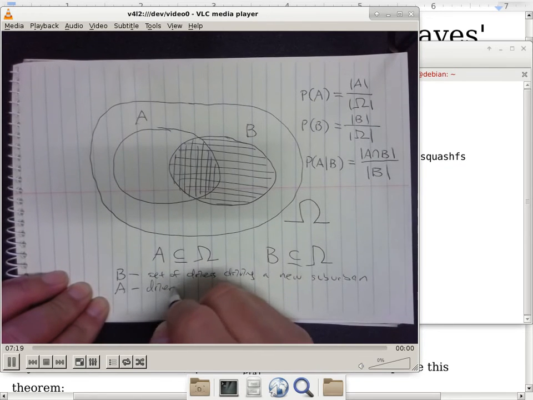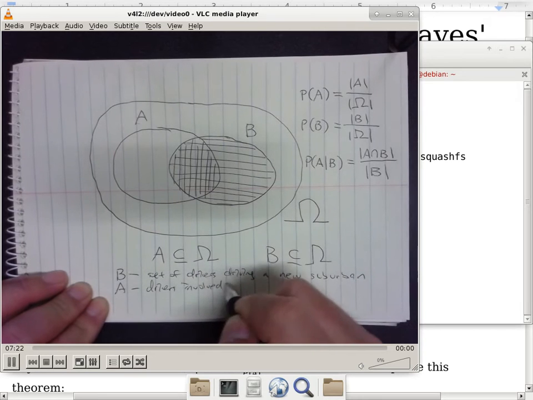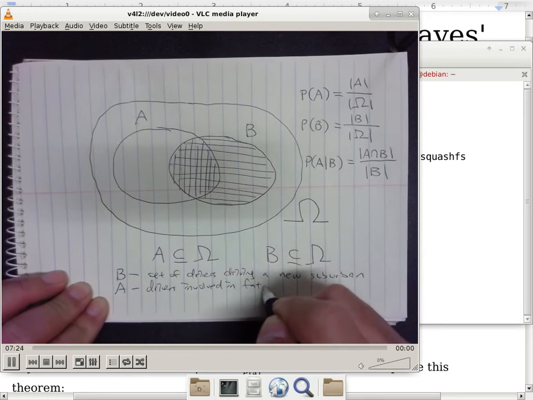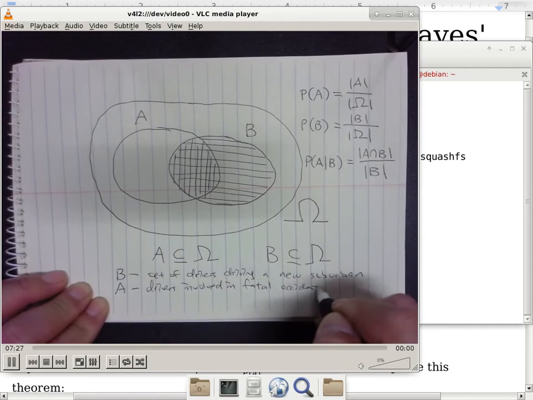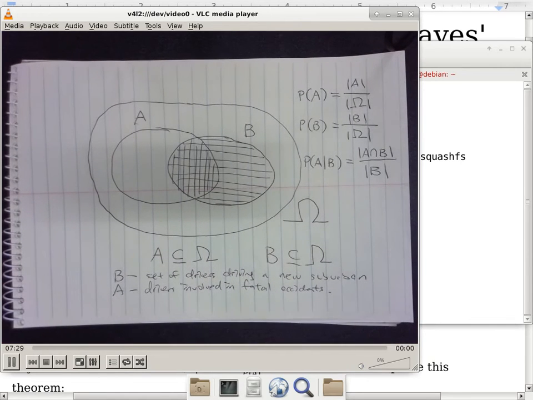drivers involved in fatal accidents. Okay? So that's also out of omega, because omega is the set of all drivers, right? So set A is the subset of drivers involved in fatal accidents, all drivers involved in fatal accidents. And then set B are the drivers who drive a Suburban, periodically, okay, with a certain frequency.